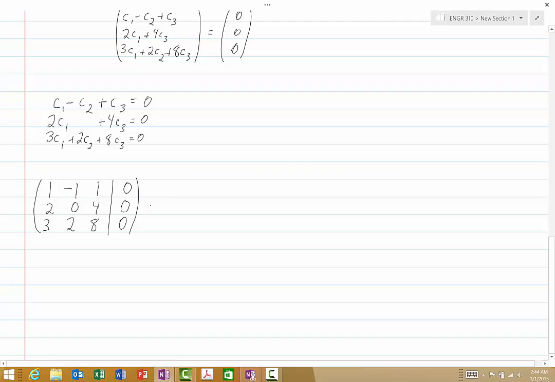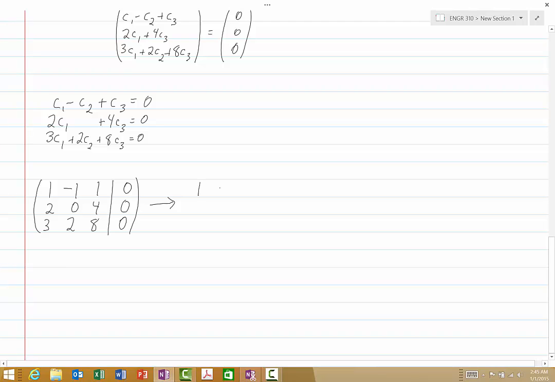And now we'll start using Gaussian elimination and see what happens. So we're going to add negative 2 times the first row to the second row and negative 3 times the first row to the third row in order to get rid of the 2 and the 3 here in the first column.